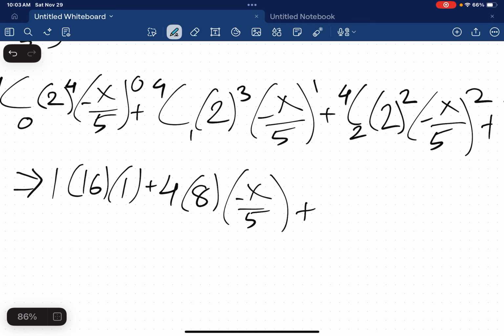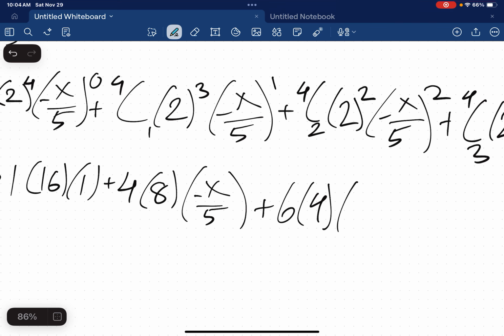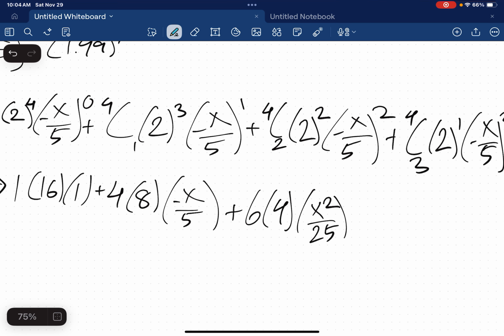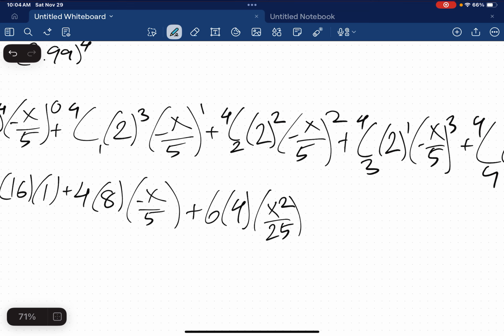Plus 4 choose 2. Let's see, where's my calculator when I need it? Four choose 2 is equal to 6 times 4 times x squared divided by 25. 4 choose 3.